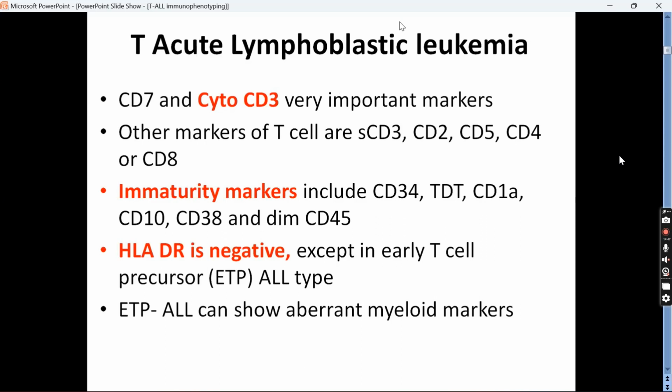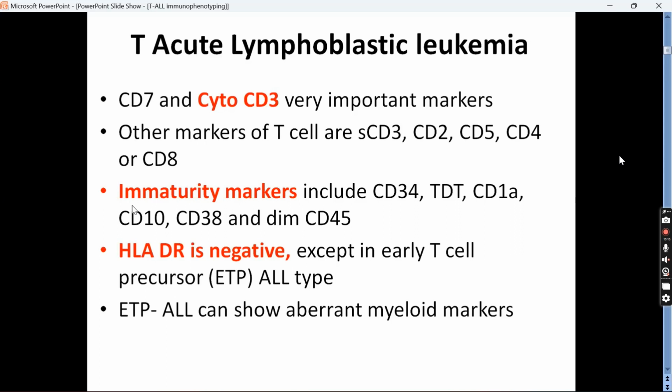Similarly, in T-ALL you have CD34, TdT and CD45. Now CD10 may not be as bright as in B-ALL. CD10 is positive only in some T-ALL, which will be of the cortical type or mature type. It will not be expressed in early T-ALL.